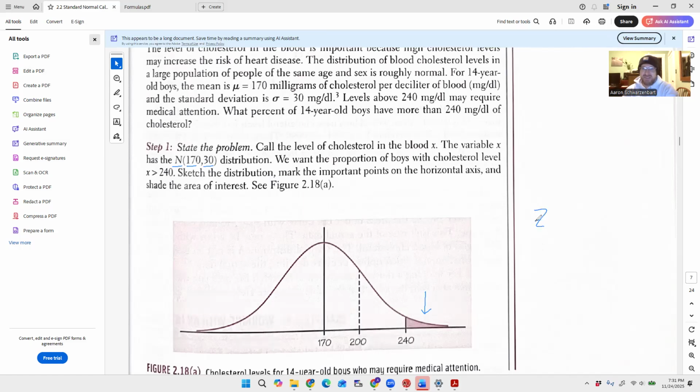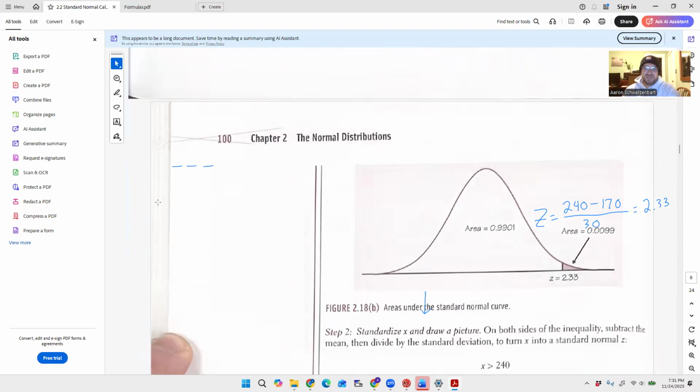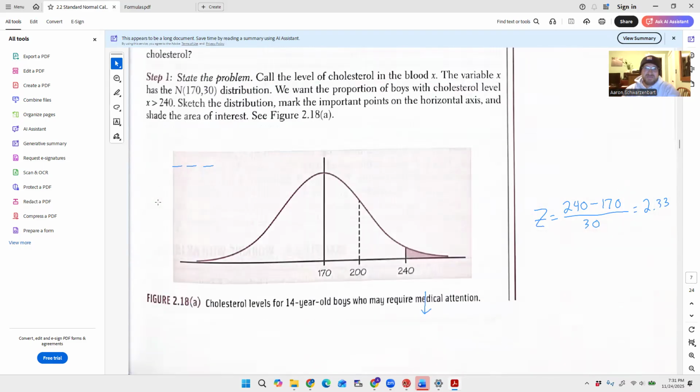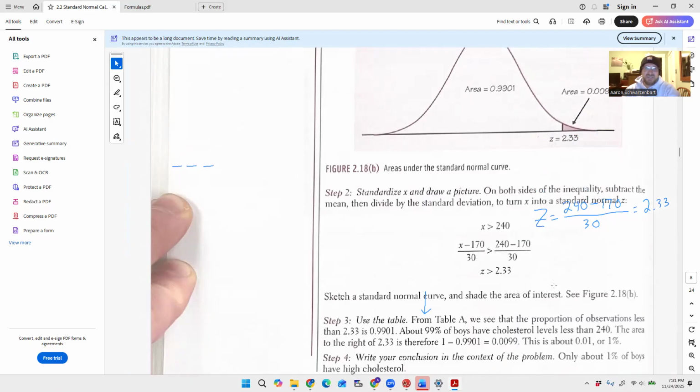Next part, we're going to calculate Z, (240 minus 170) over 30, and that's going to be 2.33. So that's step 2. We're looking for Z greater than.